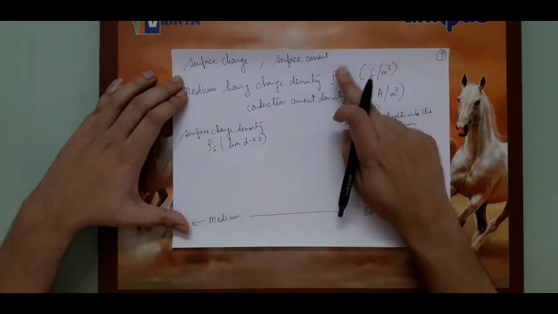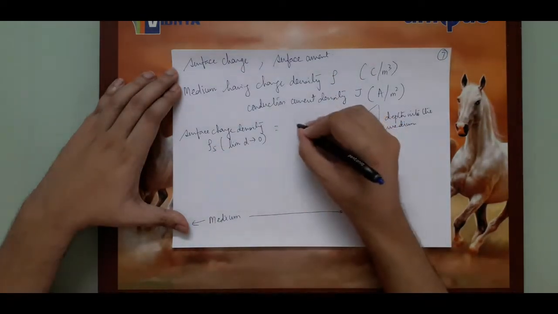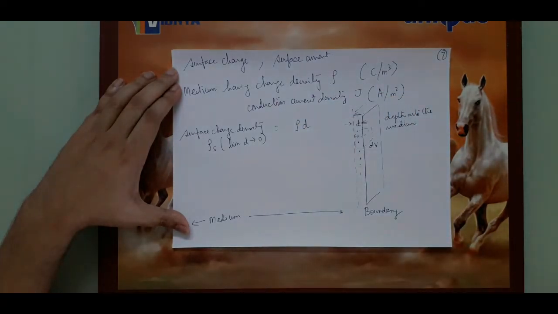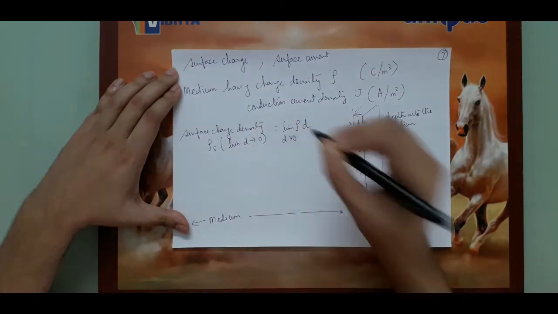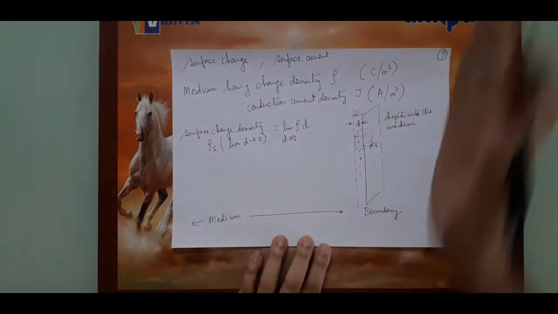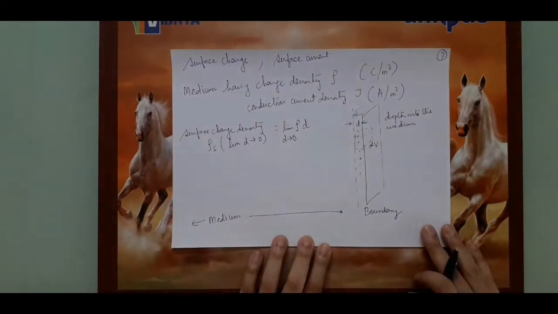So to convert volume charge density into surface charge density, all I need to do is multiply rho with d and put the condition limiting d tends to 0. So it is like saying how many charges are there in one line just inside the boundary of the medium.